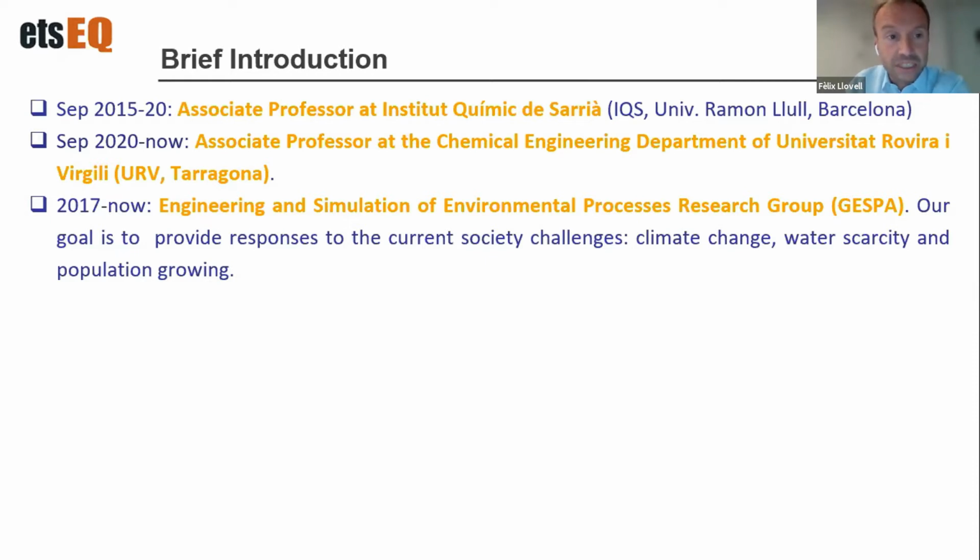And since 2017, I am working in the Engineering and Simulation of Environmental Processes research group, a group that I created when I was at the former institution. Our goal is to provide responses to the current society challenges, talking about climate change, water scarcity, and population growth. I guess that you all have seen the latest news on the IPCC report and how dramatic the situation is. The idea is to combine different skills to work towards sustainable solutions.